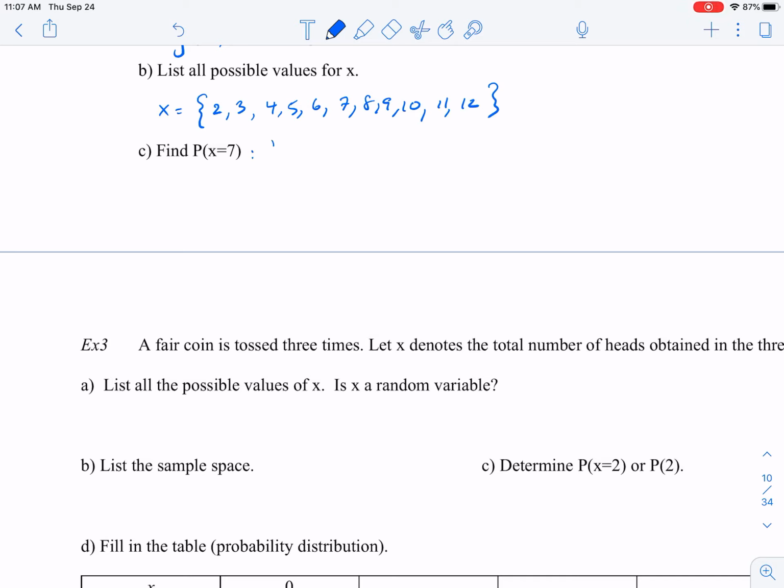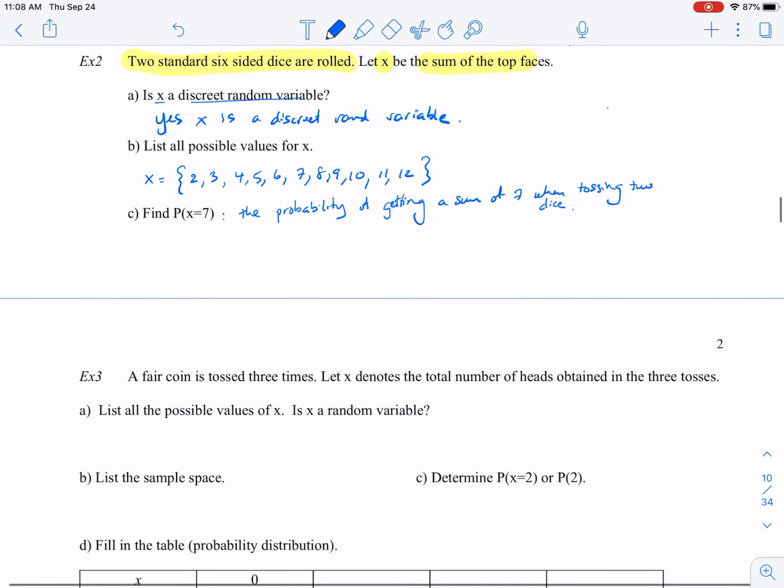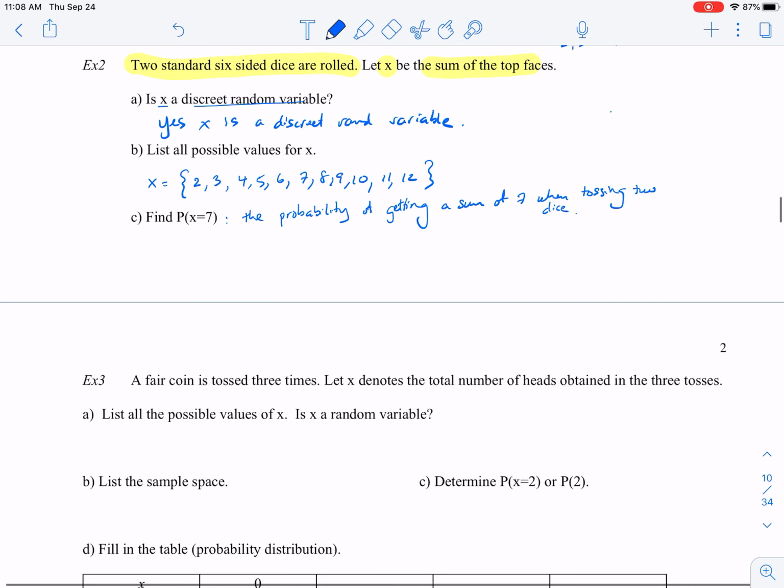So this refers to the probability of getting a sum of 7 when tossing 2 dice. That's what P of x equals 7 stands for. This requires us to know the sample space of this procedure, meaning when we toss 2 dice, how many possible outcomes are there in total for the sum of the top faces.